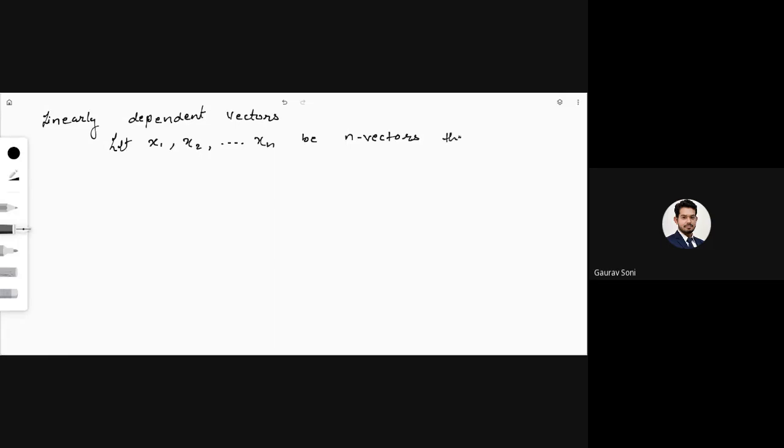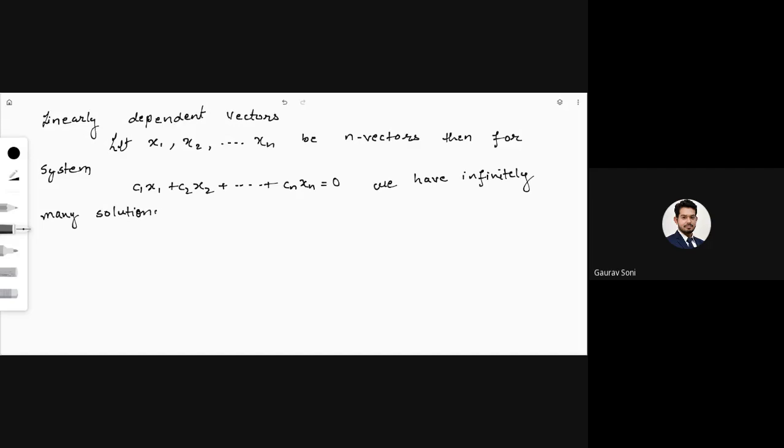Then for the system C1 x1 plus C2 x2 plus up to Cn xn is equal to 0, if we have infinitely many solutions, then x1, x2 up to xn are linearly dependent.